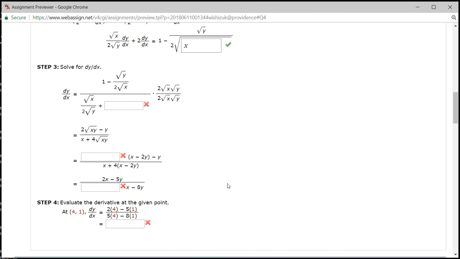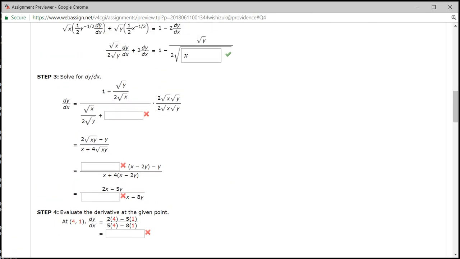Step 3. We put those two guys together. You have this guy, which is the numerator here, and then we pull out dy over dx. Then the rest of it, you have the square root of x over 2 square root of y, that's this guy, plus there's a 2, so I should put 2 there.